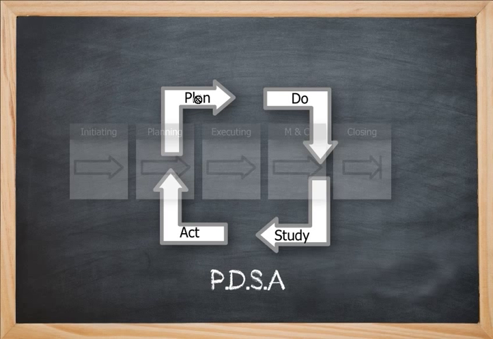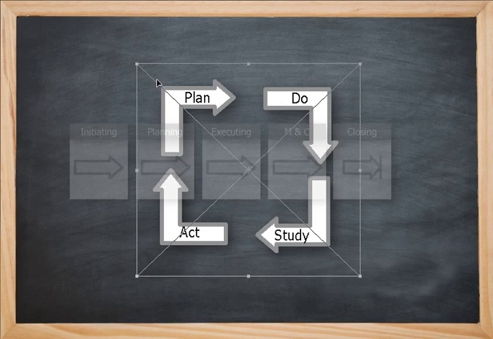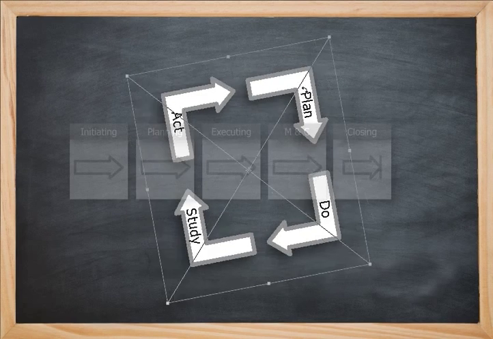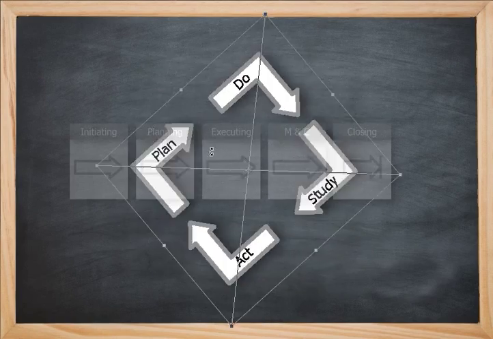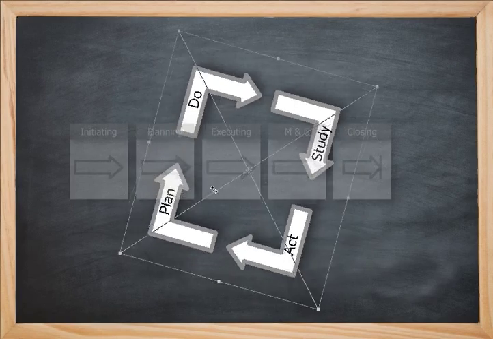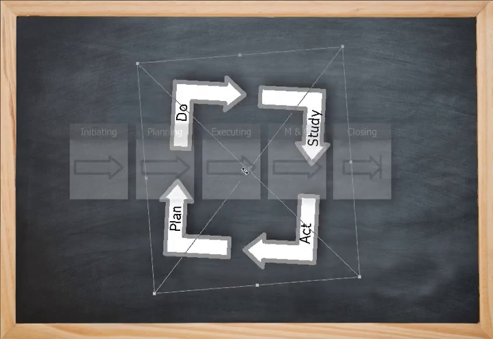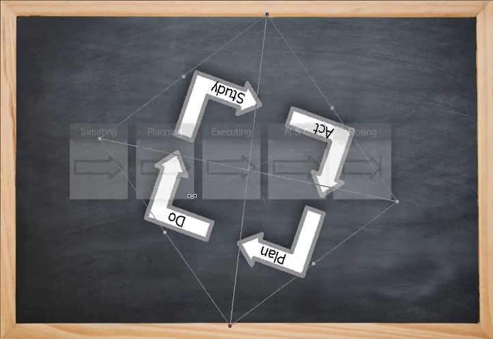The approach that PDSA takes is that once you get a project started, you go through a series of learning and doing, which includes planning the next step, doing the work, studying the results, and then acting upon that. The perspective here with continuous improvement is that you're basically cycling. Probably a crazy way to show this is just to show it rotating, where you're doing these PDSA iterations throughout the project till you actually get done.